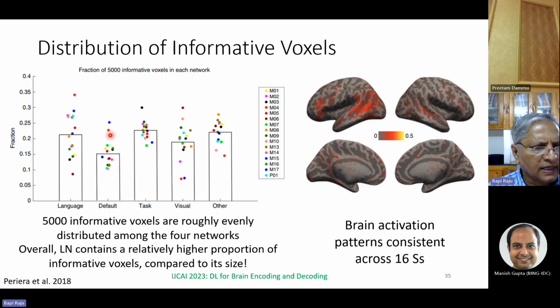And on the right-hand side, what you see is brain activation across all the 16 participants, where there seems to be a large average activity in the language areas in the temporal and temporoparietal area and the frontal and inferior frontal regions, which are known for language related activity.